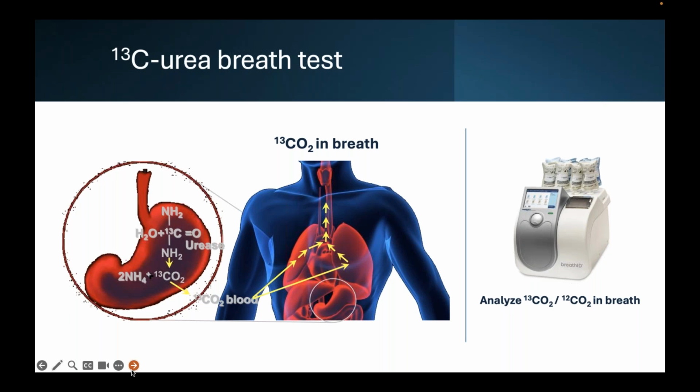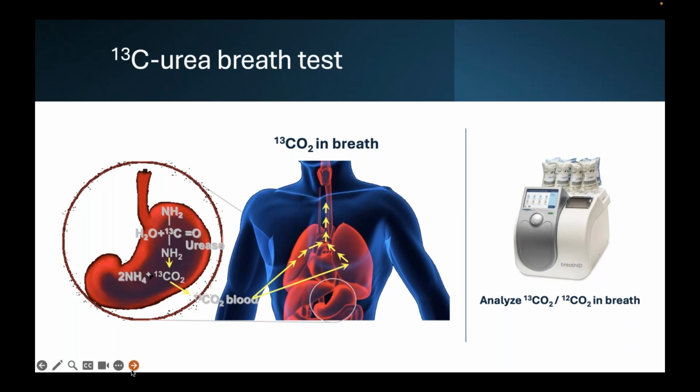Consequently, if there's urease activity in the stomach, because there's H. pylori, the urea will be broken down in that reaction on the left. And one of the byproducts is carbon dioxide, in which the C is again labeled with the 13 that was put into the urea. Consequently, the C13 CO2 is blown off in the lungs and can be detected in the breath.